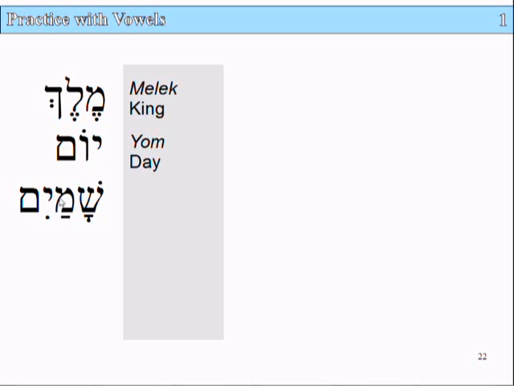So it's an m sound. So that's sha, ma. But it's followed by a yod, and this changes the sound to a long a or I, in this case more of an I sound.